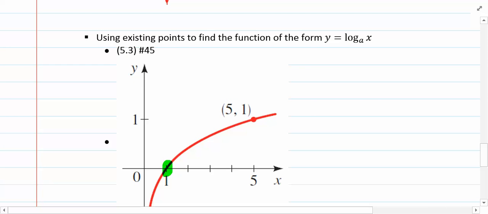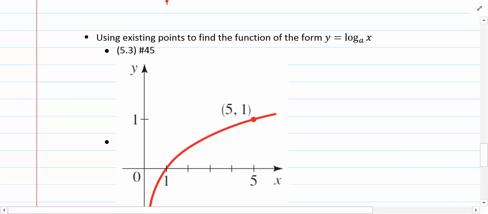It's going through the point 1, 0, so I know there's no flips or stretches or skews or anything like that. What we'd like to do with this is identify the function that would produce this curve that goes through our standard point and the point 5, 1.